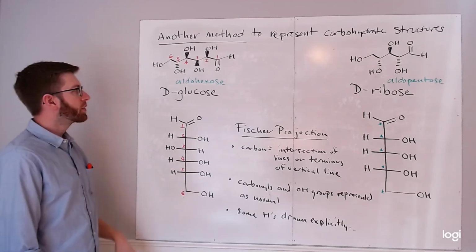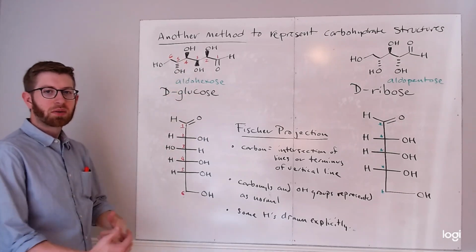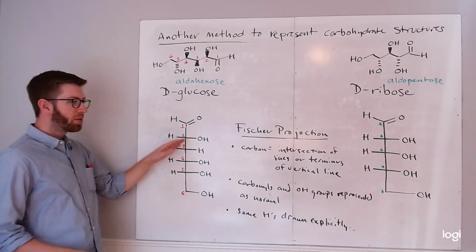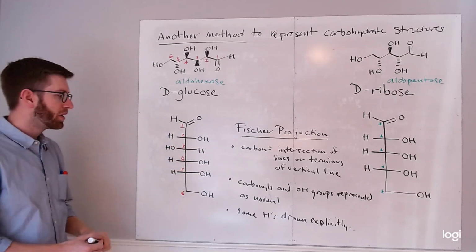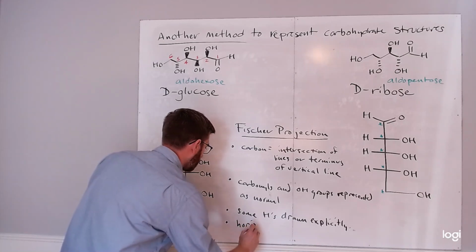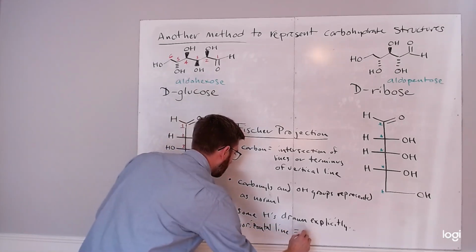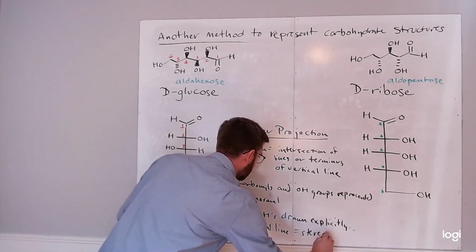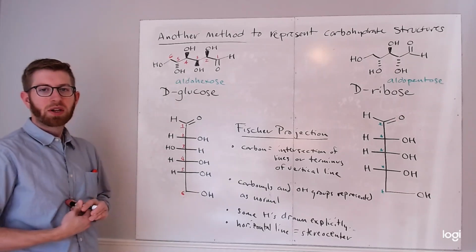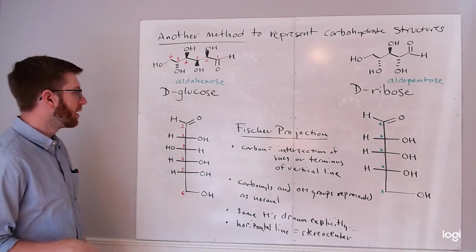So one of the other things that we can work out from just observing these two representational systems right next to each other for the same structure is that these horizontal lines all correspond to stereogenic centers. Okay, so we've got a few pieces of information about how to interpret Fischer projections here.